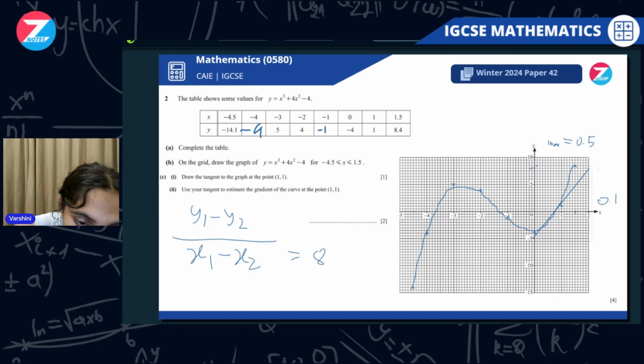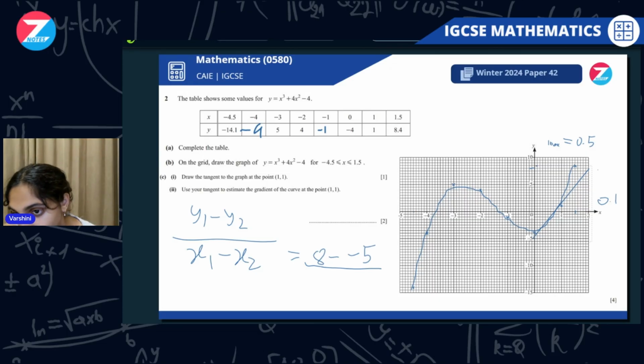8 minus the next y coordinate, which is down here, minus 5. So we'll just, and don't forget to add the minus 5. It's not just 5, it's a minus 5. Okay, divided by 2 x coordinates. So the top x coordinate for here was 2. It's going to be 2 minus, and we'll take our second x coordinate, which is 0.